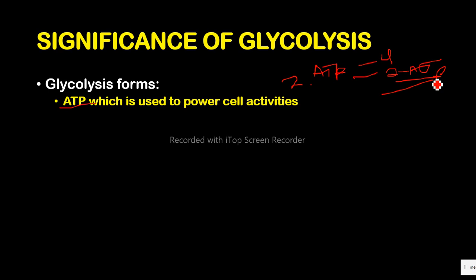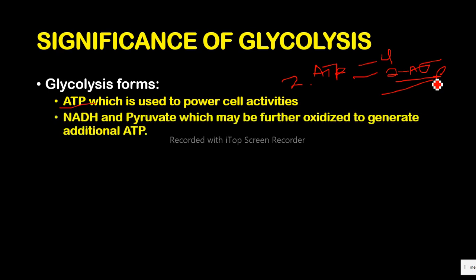Then glycolysis gives us the reduced NAD and the pyruvic acid that proceed to further stages in presence of oxygen. But if oxygen is absent, then they undergo either alcoholic fermentation or lactic acid fermentation, where the pyruvic acid is converted into an alcohol or lactic acid, depending on the organism that is undergoing that anaerobic respiration.